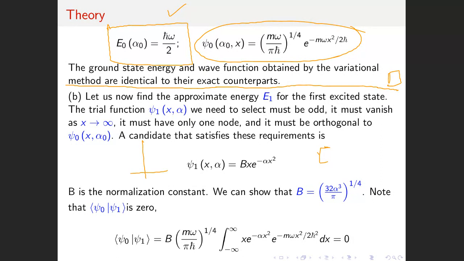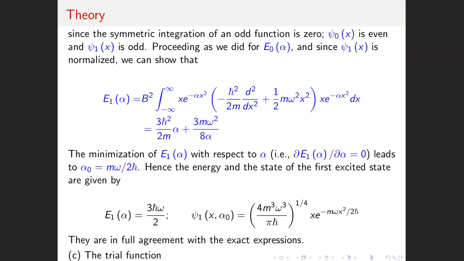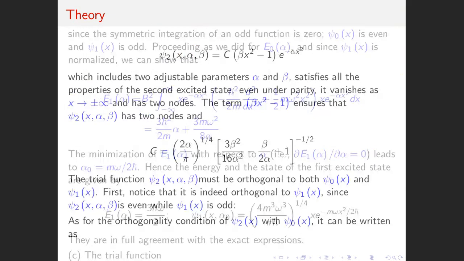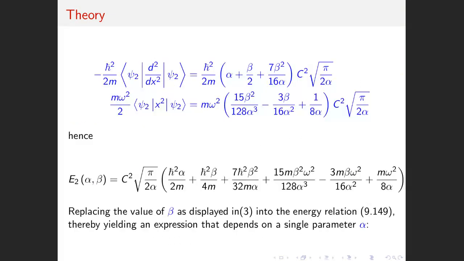I've just computed the ground state by minimizing the energy, and I found the exact energy level. The next thing will be to compute E1 and E2, and then make use of this method to find the ground state for helium. I think today I'll end here. Are there any questions?